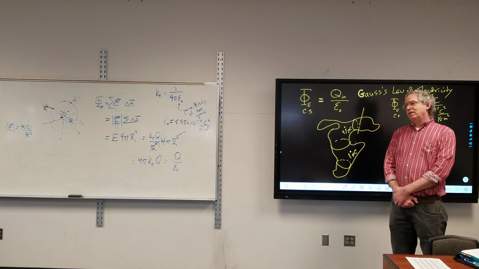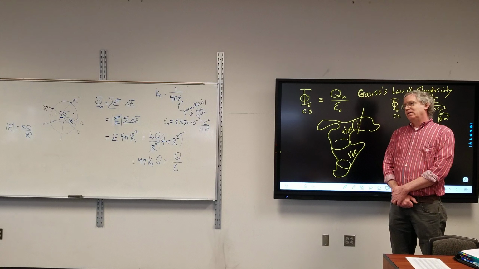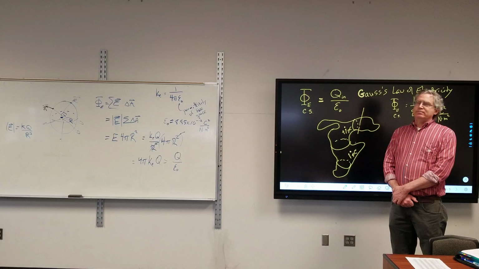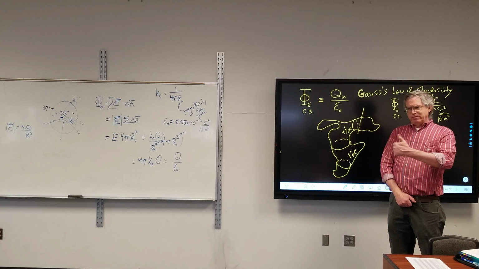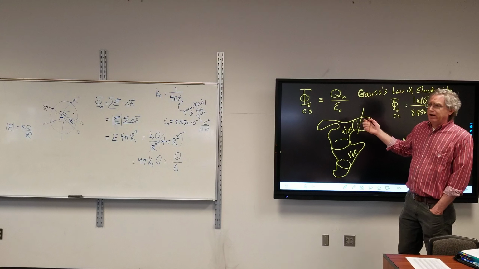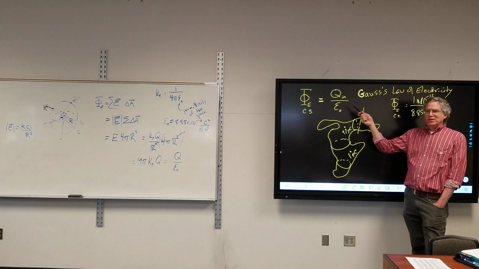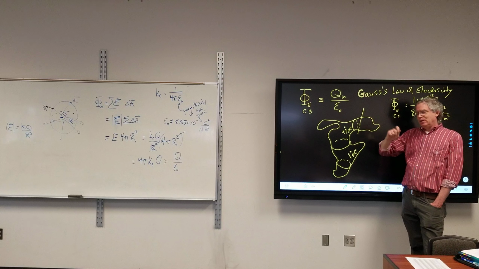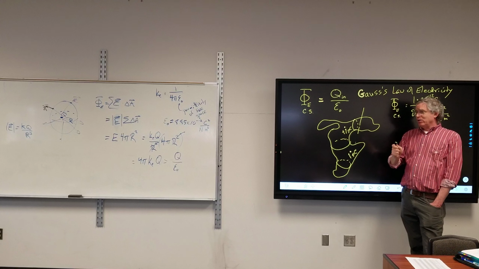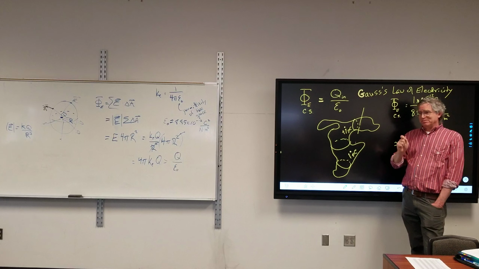Gauss's law of electricity is also a Maxwell equation. It's not like Newton's laws where there's a first, second, and third. This is generally the first one derived, but this is one of Maxwell's equations. Again, Maxwell did not call them Maxwell's equations. He was not that arrogant, although given physicists, he could have been.